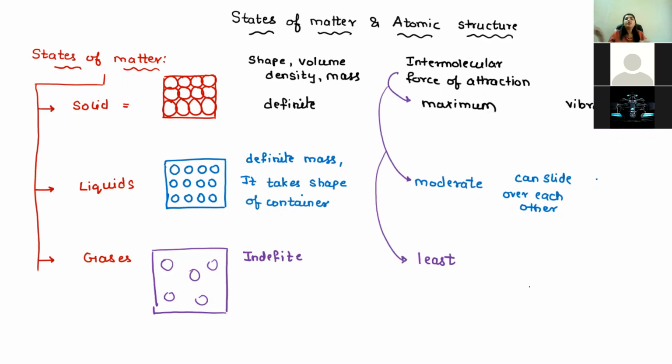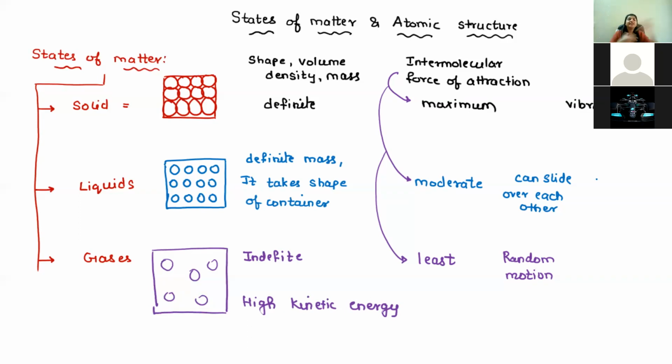The molecules are always in random motion. The reason is that gas molecules have a very high kinetic energy, and least force of attraction means they are moving so far apart that to catch them is very, very difficult.